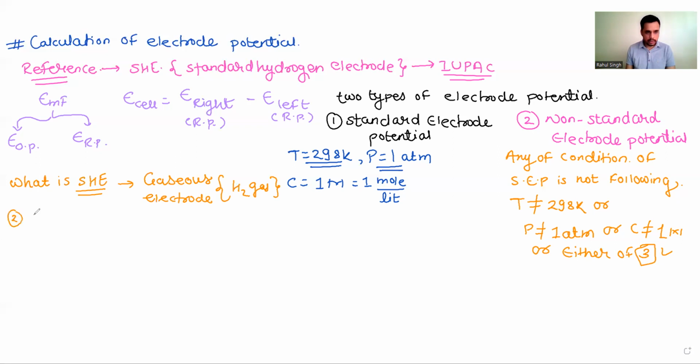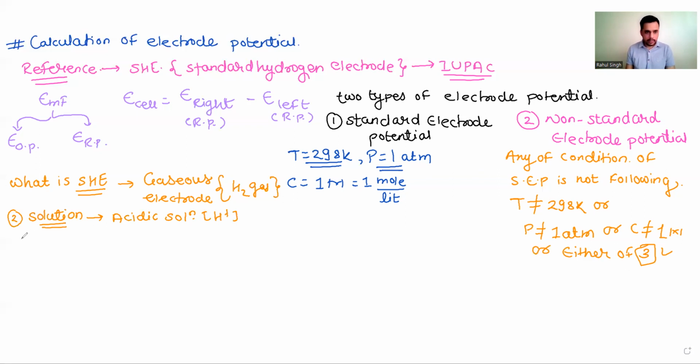the solution we are going to take, okay, because for the zinc rod we took zinc sulfate solution, so here the solution will be nothing but an acidic solution. For hydrogen we take an acidic solution, that is, H plus ions should be there.